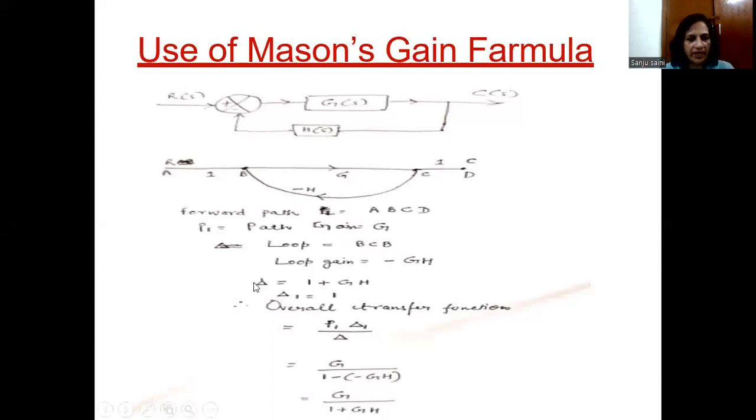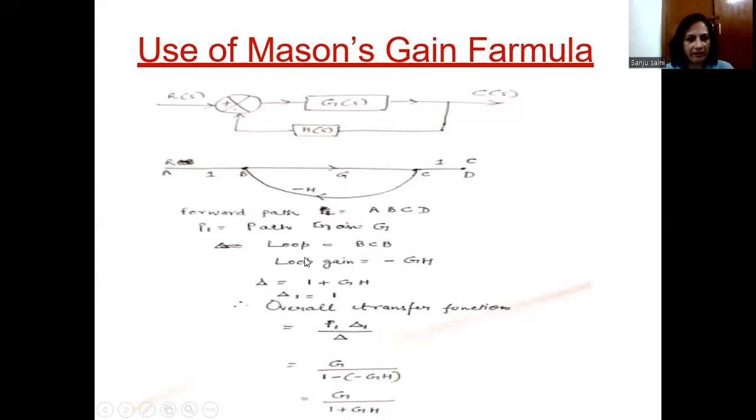Then get the value of delta. Delta is 1 minus the loop gain of all the individual loops. There is only one loop, having a loop gain of G multiplied by minus H. So 1 minus minus GH gives the value of delta equal to 1 plus GH.